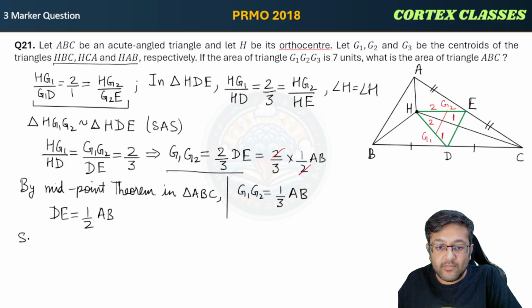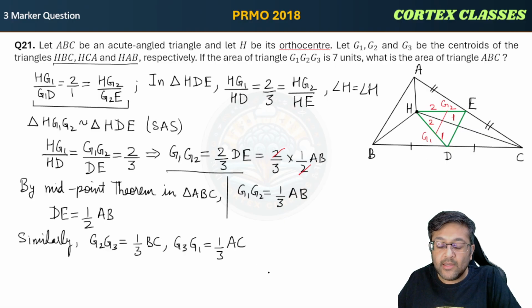So let me write here. Similarly, guys, what is G2, G3? G2, G3 is going to be 1/3 of BC, and G3, G1 is going to be 1/3 of AC, right?